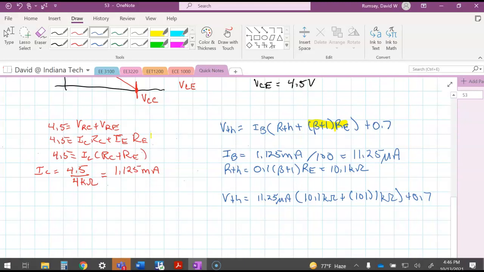If we go through and do that computation, we get 1.95 volts.